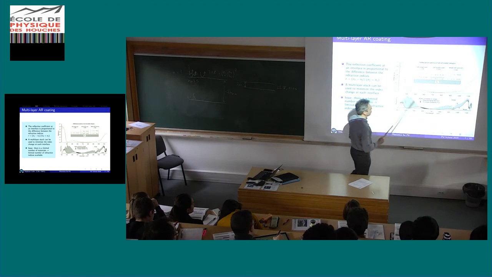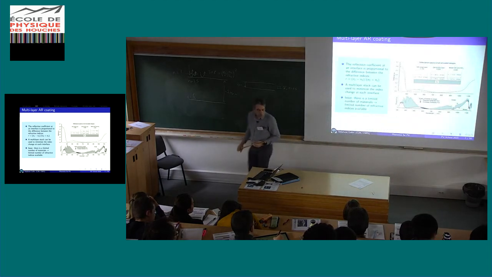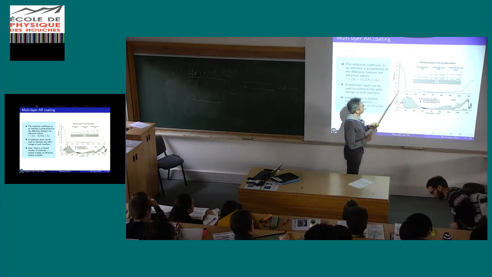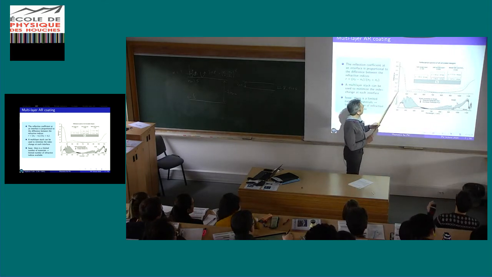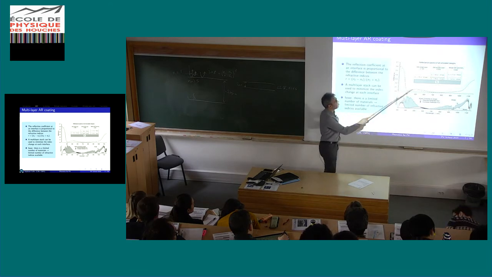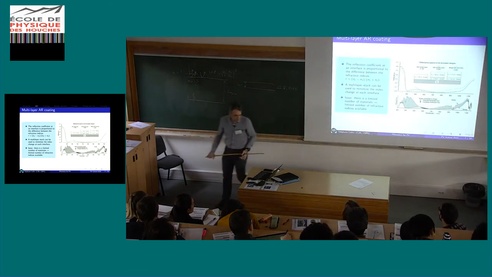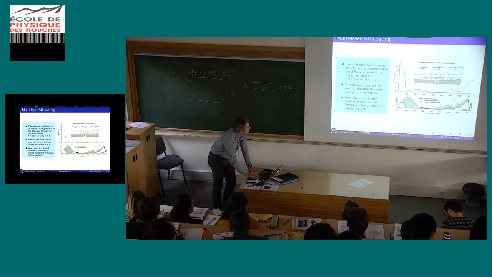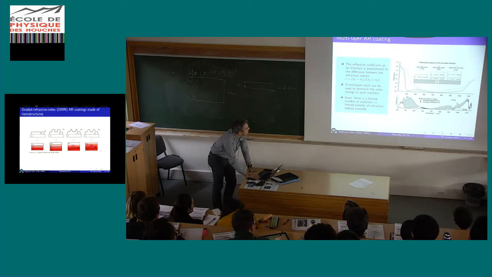So you see a much broader spectral range with reflectivity which is about a few %. So it's not zero, and you can keep in mind that you have about a few % up to 5, let's say about 5% of reflection. And as I said, you could do even better with more layers, but you need the right refractive indices.